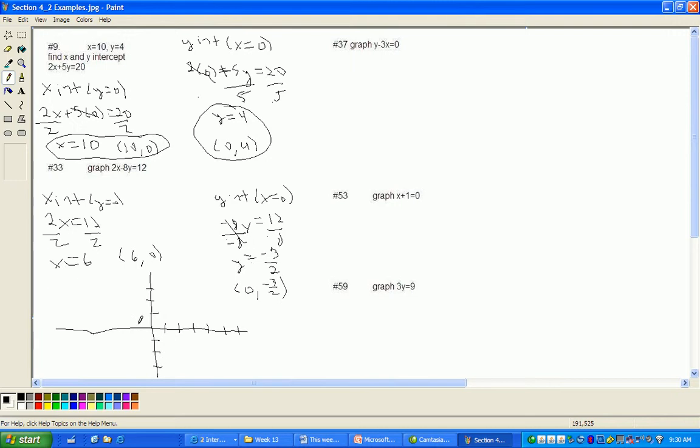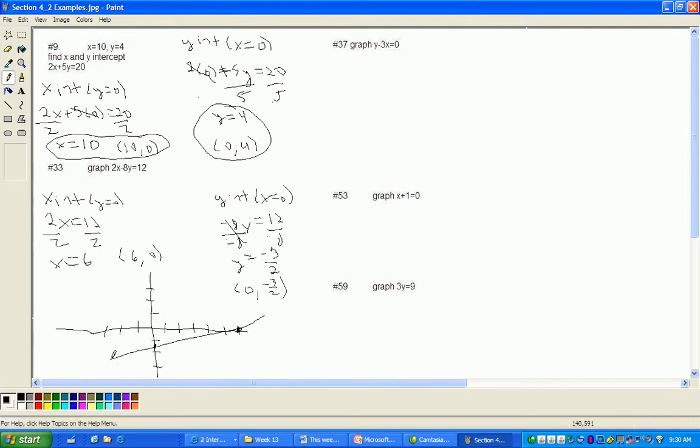So 6, 0 is this guy right here. 0, negative 3/2. This is 1. Negative 3/2 is negative 1/2. So that guy's right here. Now if we draw a line through there. There we go. There's our line.